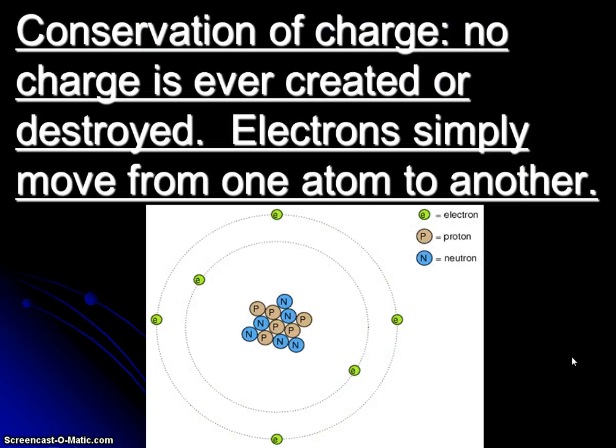Okay, so conservation of charge. This is similar to every other law of conservation of anything we've talked about. You don't create or destroy a charge, you just transfer those electrons, thereby transferring the charge. So we're not creating or destroying electrons, right? Because we can't do that. We don't want to do that.